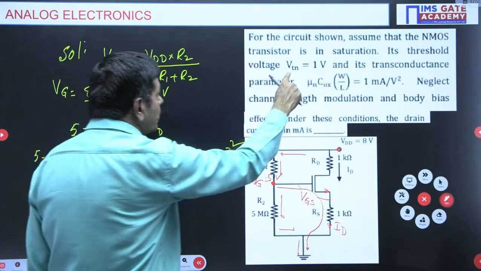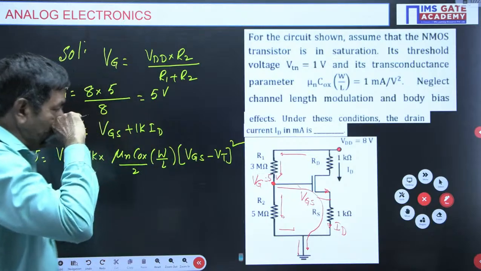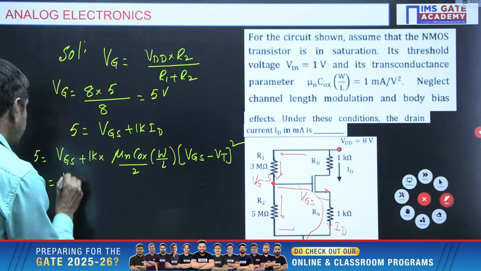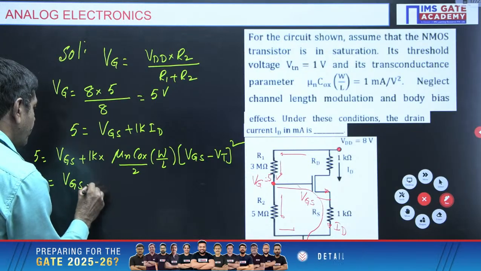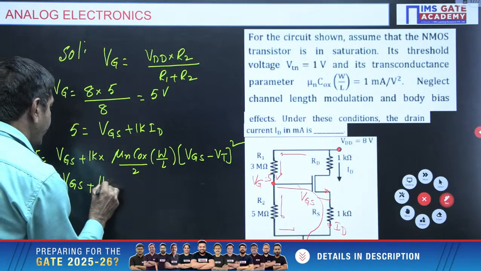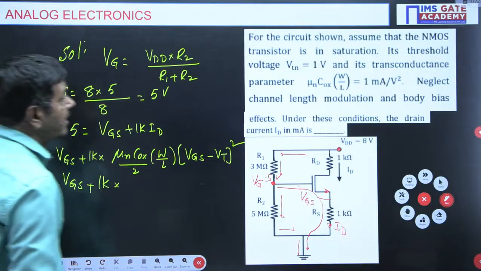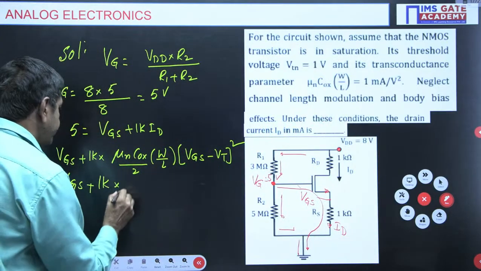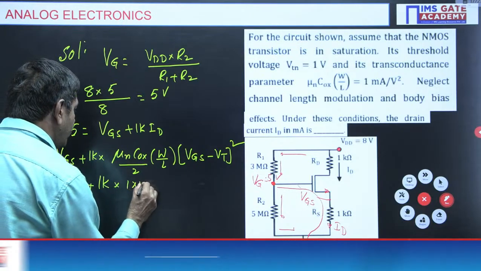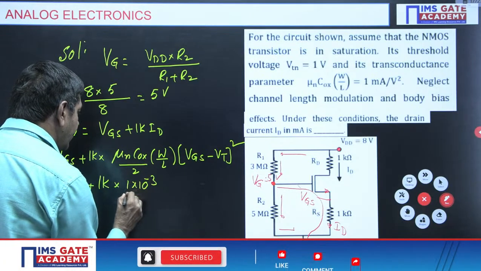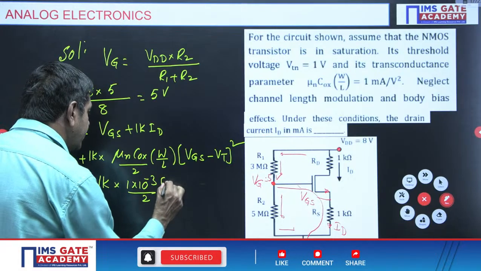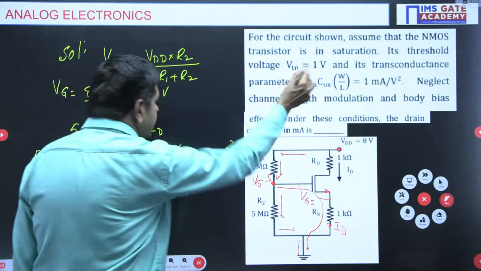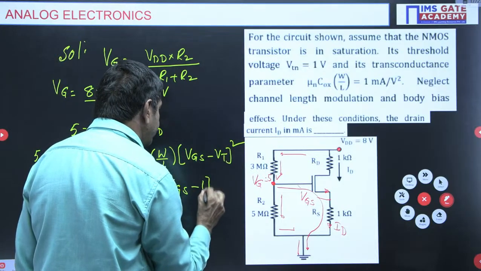VT, the threshold voltage, is 1 volt. VGS we have to calculate. So 5 volts equals VGS plus 1K into mu n CoX W by L, 1 milli, given, divided by 2, into VGS minus VT, threshold voltage 1, whole square.